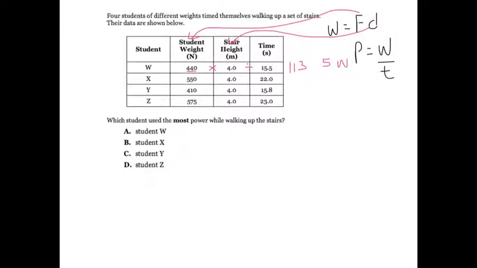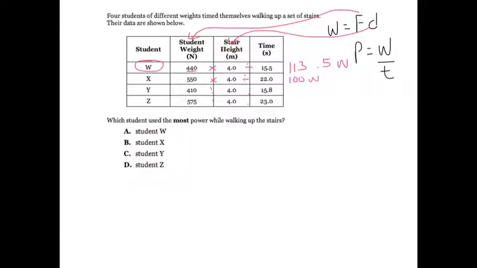Do the rest, 550 times 4 divided by 220, and so on. If you do that for all of the other ones, you're going to find out that student W actually has the biggest amount. And I'll let you guys do the other ones to confirm, but to give them to you, student X, 550 times 4 divided by 220 nets us 100 watts.